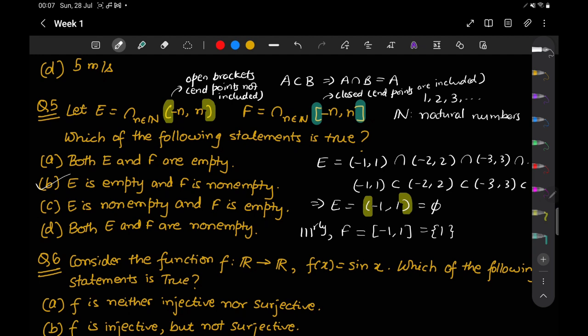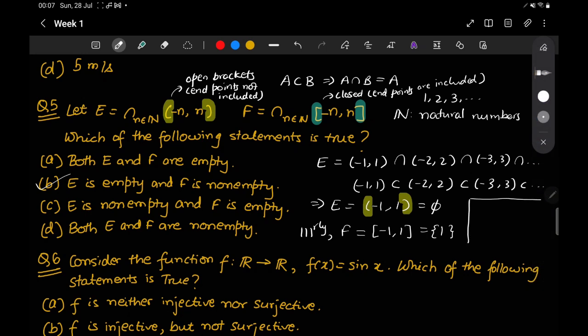And if you have something like this, then it means that plus n is included but minus n is not included. You can also have something like this. This would mean that minus n is included but plus n is not included.